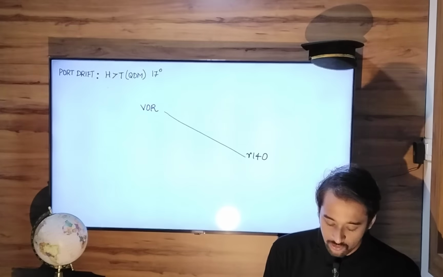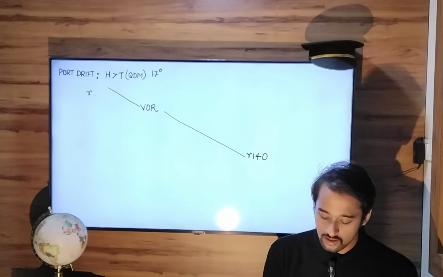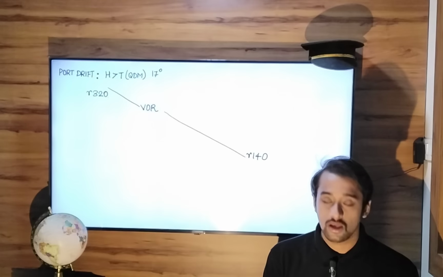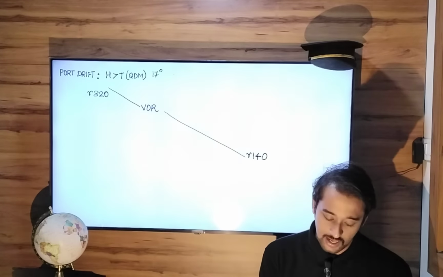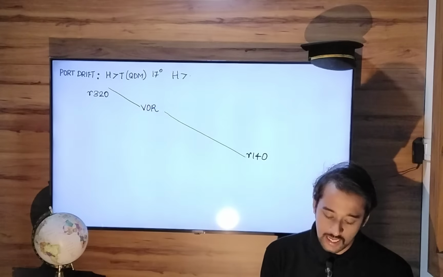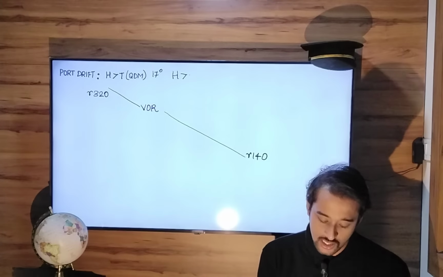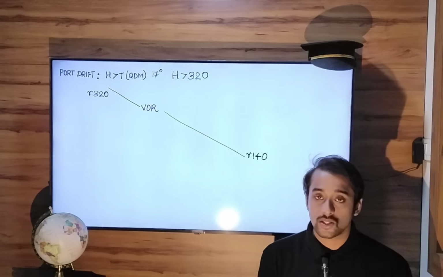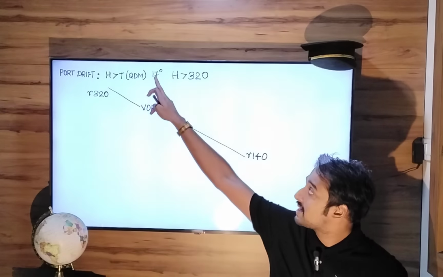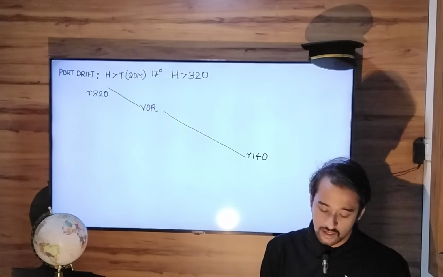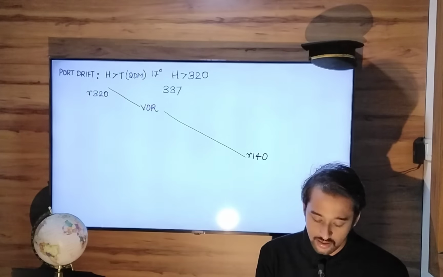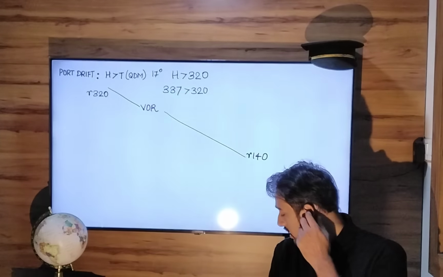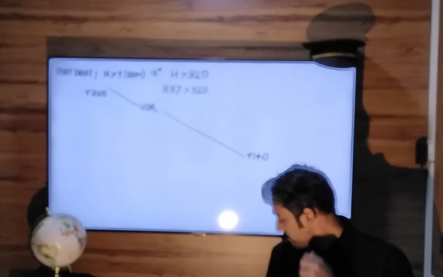The reciprocal of 140 is radial 320. So what will be the heading of aircraft? Heading of aircraft will be more than the track towards the station, which is 320. So it will be more than 320 by 17 degrees. That is the drift. So 320 plus 17 is 337 degrees. Okay, 337 degrees.